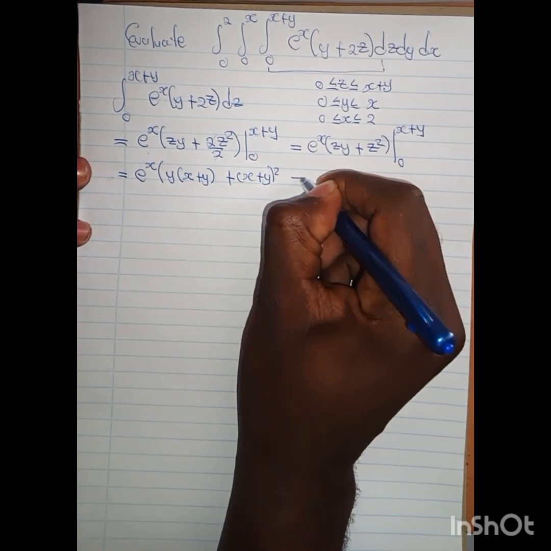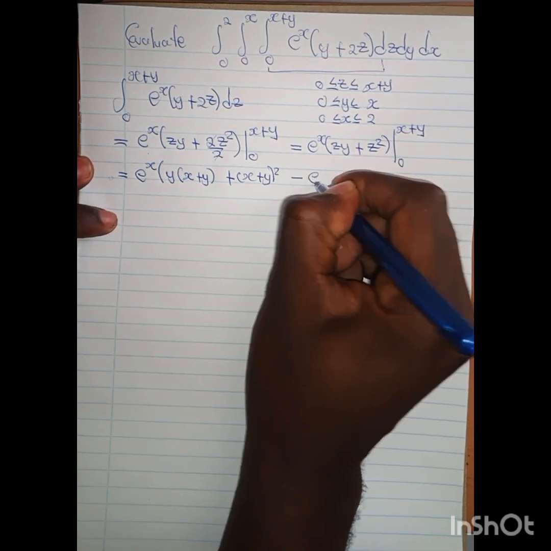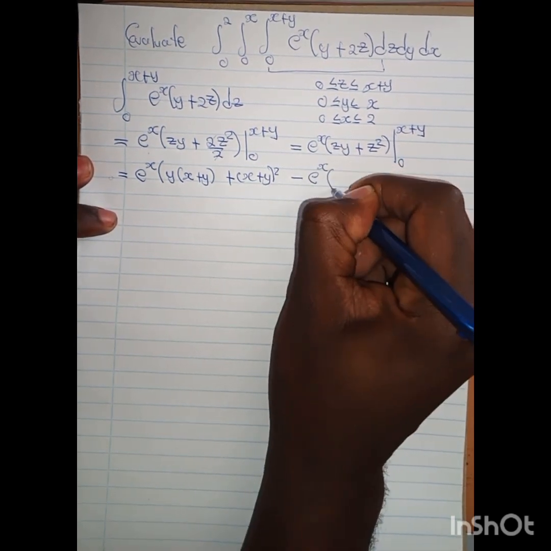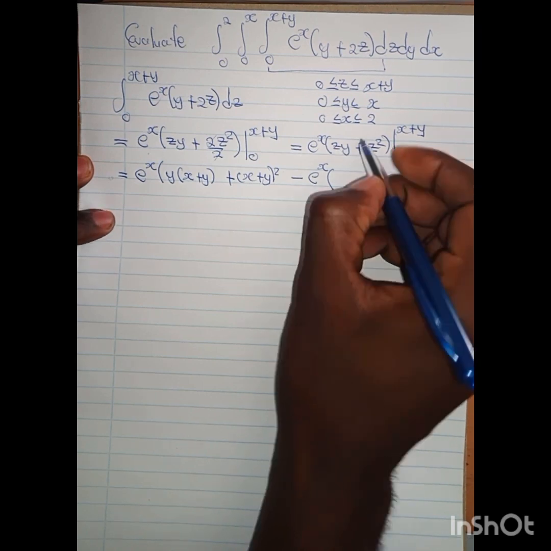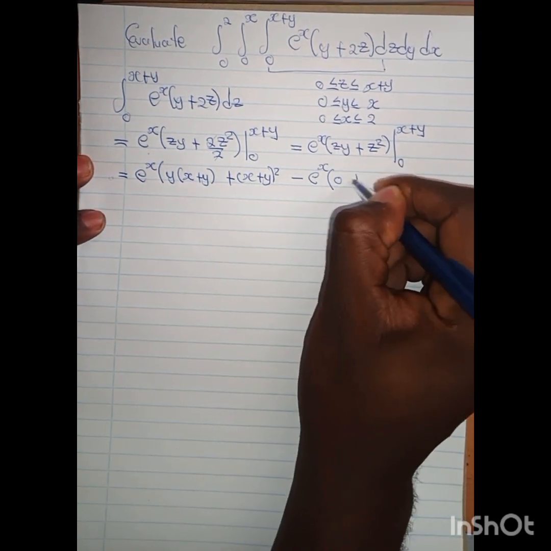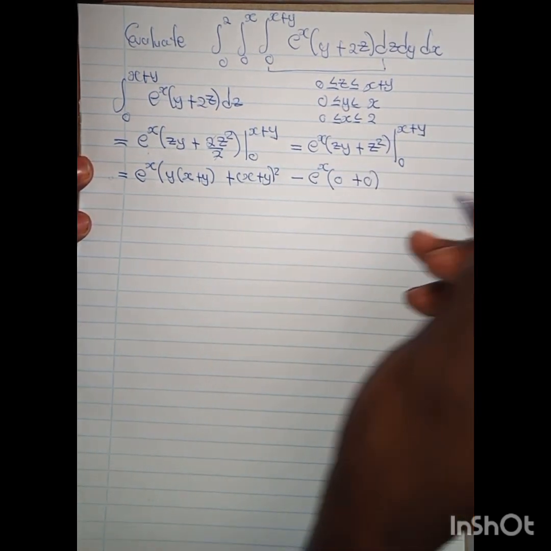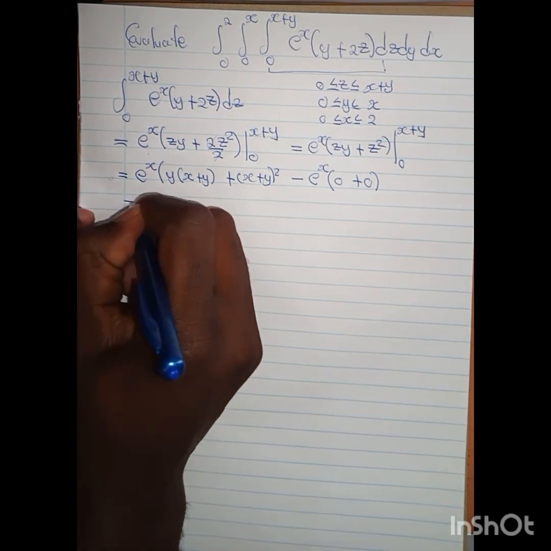Then minus e to the x with z equal to 0, so everything multiplied by 0 will be 0. 0 squared is 0, and e to the x multiplied by 0 just gives us 0. So let us continue.